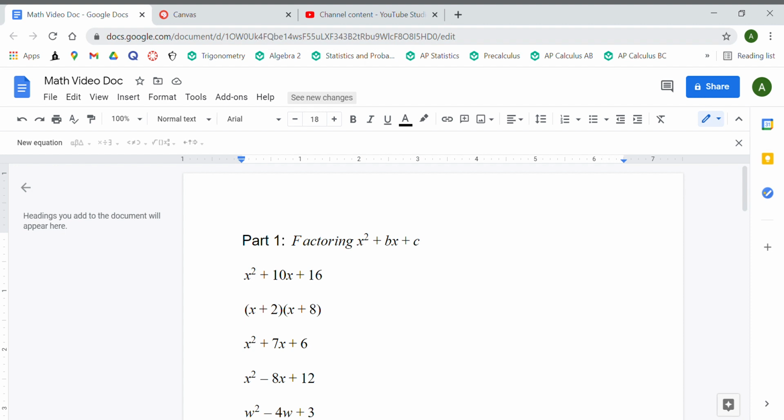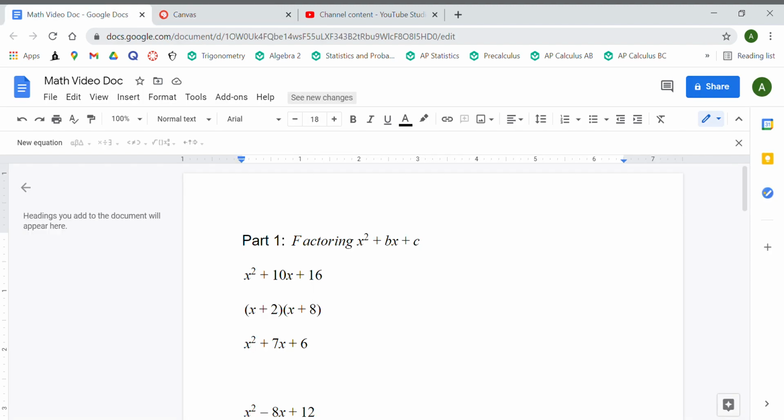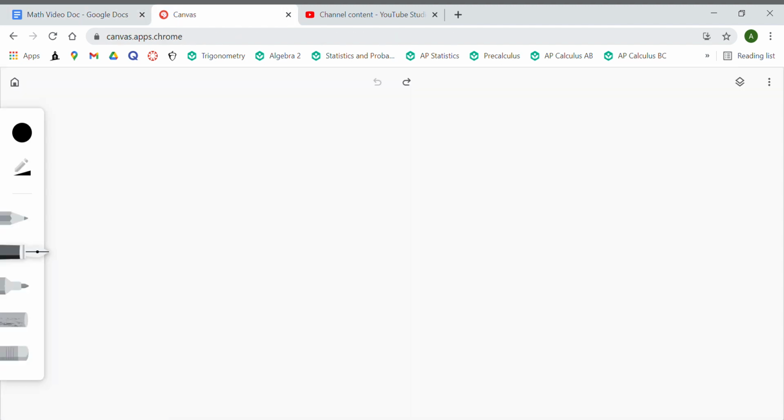It's going to be the same thing. Use the same process to factor this trinomial. Okay, let's try it out. So I'm going to clear this out and list my factors of 6. We have 1 and 6, 2 and 3.